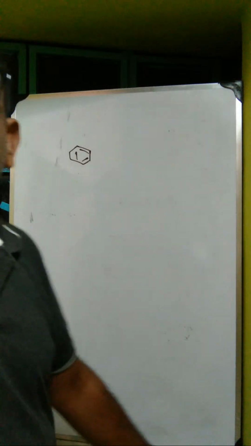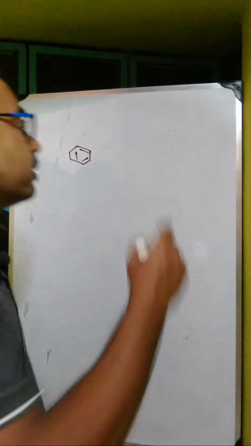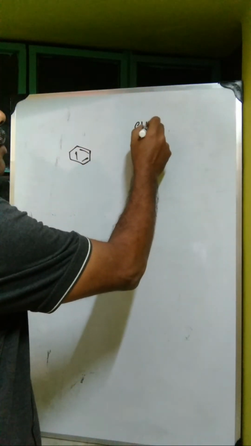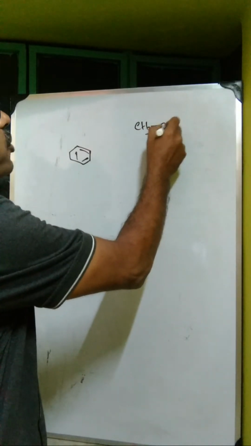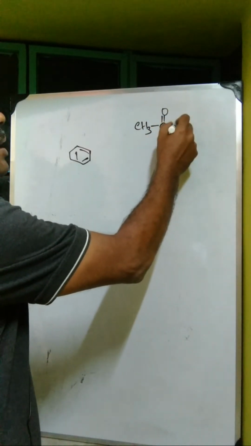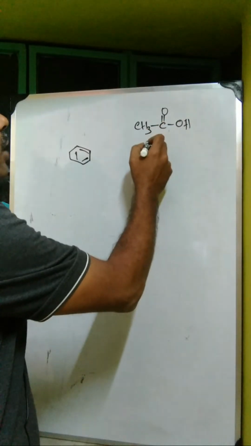Let us see what happens when we need to add an acetyl or acyl group to a benzene ring. Now acetyl chloride is CH3COCl. CH3, C double bond O, single bond OH: this compound is called acetic acid.